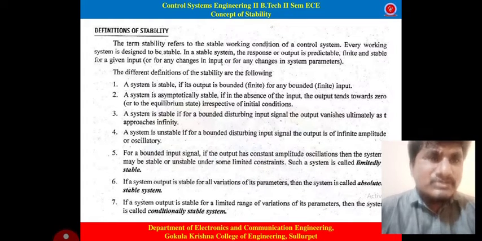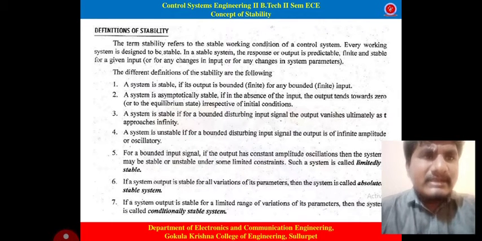This is one particular case: when defining the output to be bounded, it need not be bounded; if it is becoming 0, then also it is a stable system. Likewise, we have different kinds of definitions.